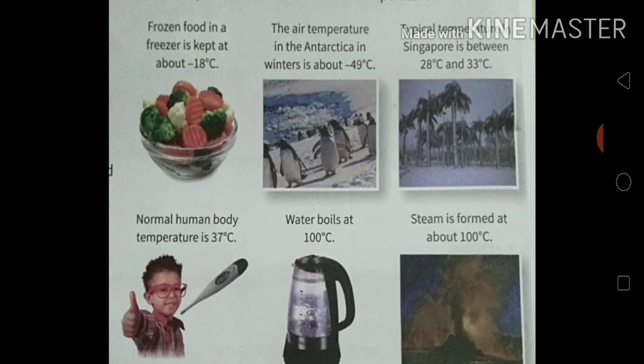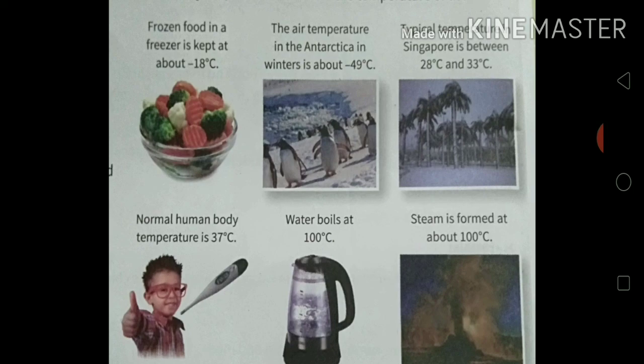Typical temperature in Singapore is between 28 degrees Celsius and 33 degrees Celsius. Normal human body temperature is 37 degrees Celsius. Water boils at 100 degrees Celsius. Steam is formed at about 100 degrees Celsius. So I hope the meaning of temperature is clear to you.